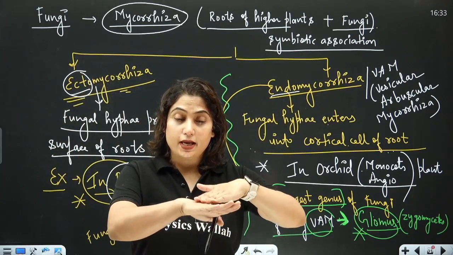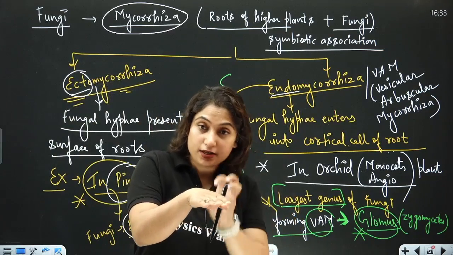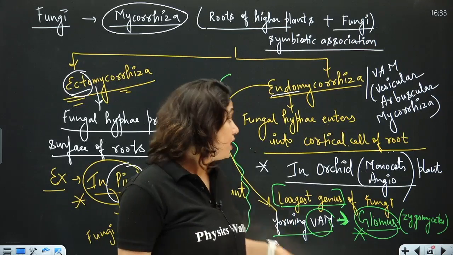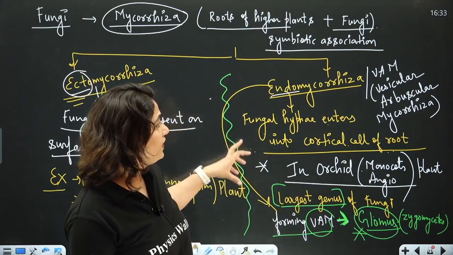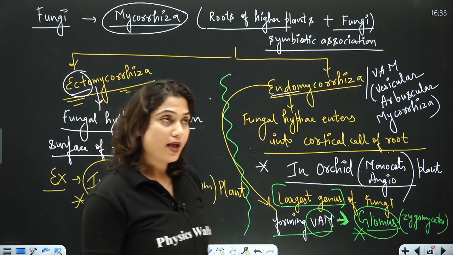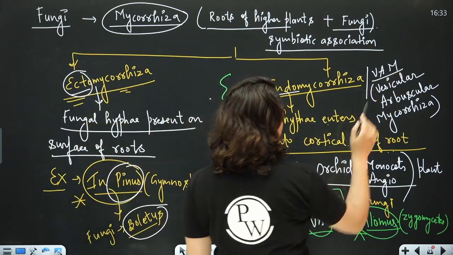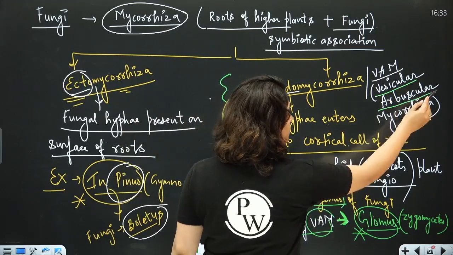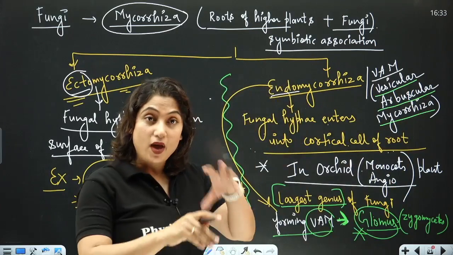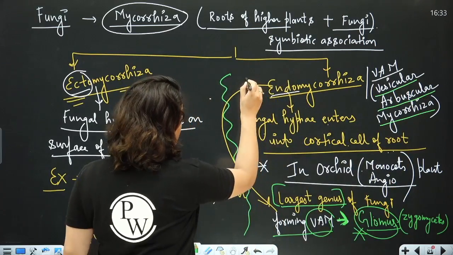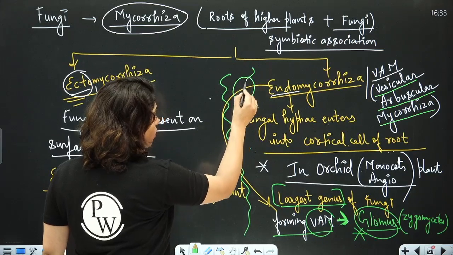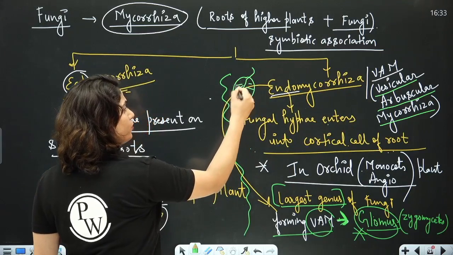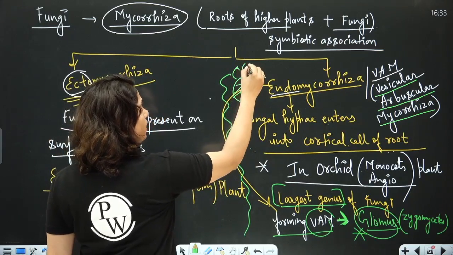When the hyphae of the fungi enter into the root, into the cortical cells of the root, right? Then it forms the endomycorrhiza. Endomycorrhiza is also called VAM. What is VAM? VAM is vesicular arbuscular mycorrhiza. When the fungal hyphae enter into the cortical cells, they form arbuscules or tree-like projections inside the cortical cells of the root.